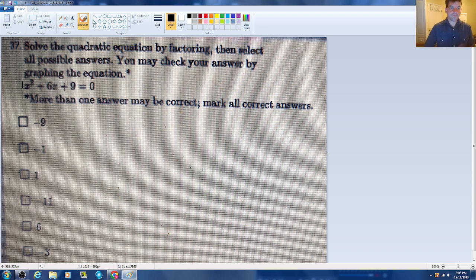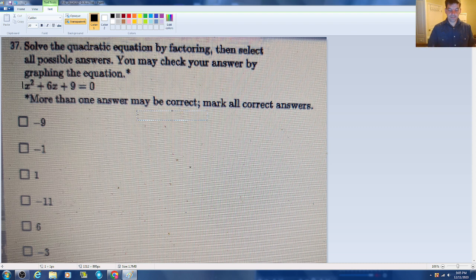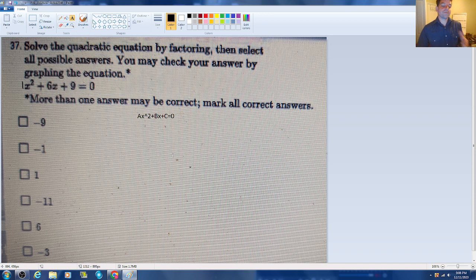So to approach this, we're going to factor it by the a times c to sum of b method. So the first thing I need to do is to identify the a, b, and c of this quadratic. So remember, the generalized standard form of a quadratic is ax squared plus bx plus c equals 0. Again, we see that that is equal to 0 because that is where your x values are going to be at the intercepts of the x-axis, because your y-coordinate is equal to 0.